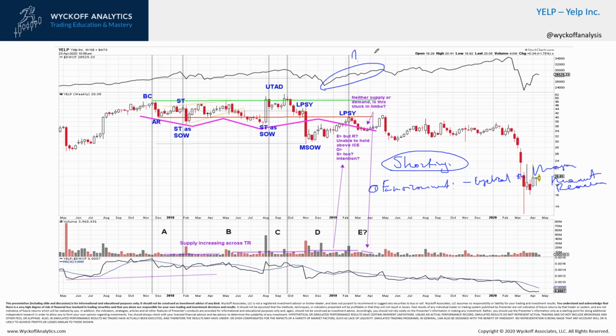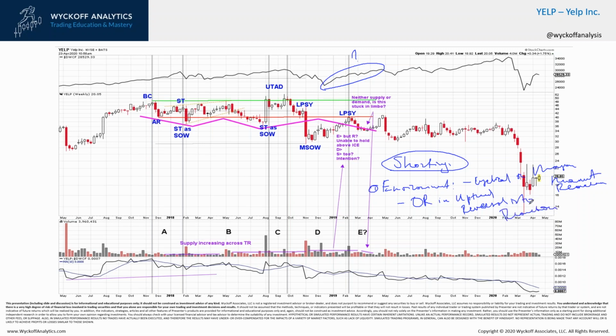But there is a danger here that those shorts could be initiated at the incorrect time relative to the market environment. So we're either in a cyclical or major market reaction, that's what we're looking for, or we are in an uptrend that exhibits some kind of reversal characteristic into a potential reaction.